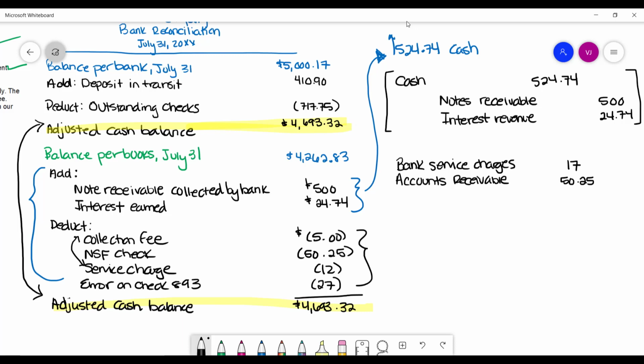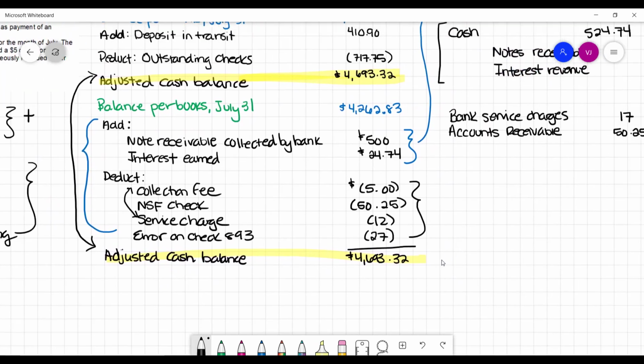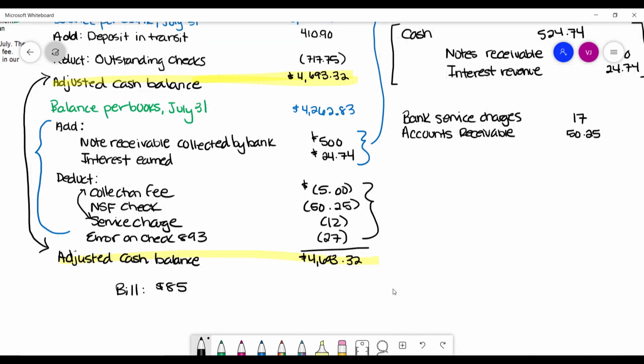And then lastly, remember this error on this check here. The bill was for $85. The actual telephone bill was for $85. That's how much we wrote the check for. We got that right, but when we actually recorded the expense, we did that incorrectly. So we accidentally recorded the telephone expense as $58.